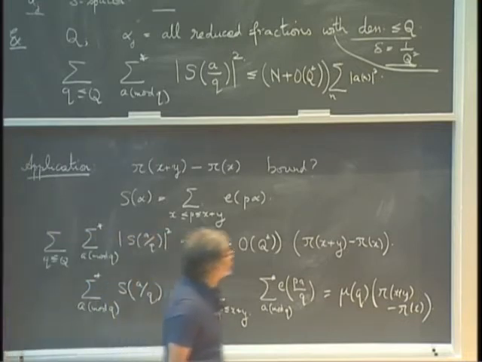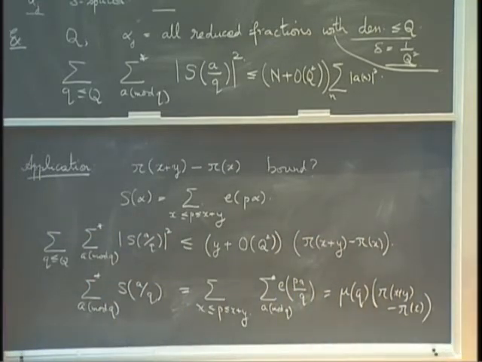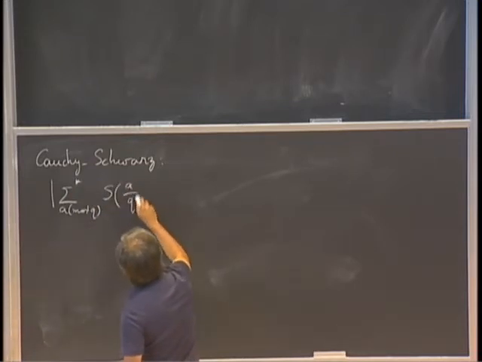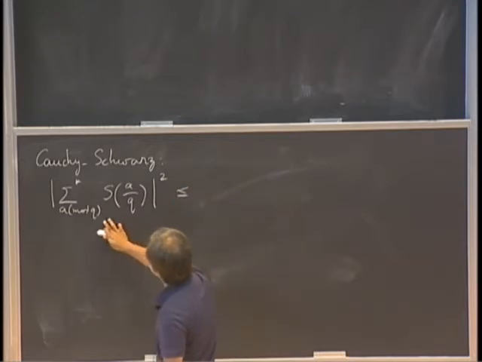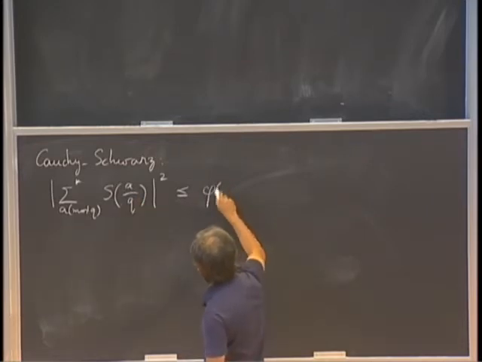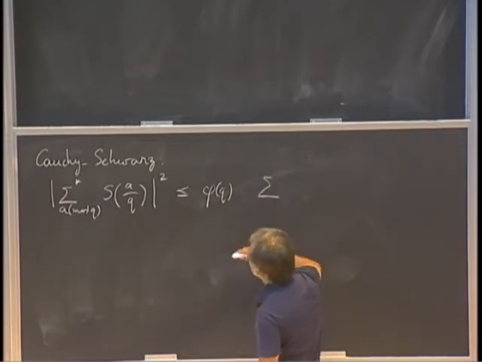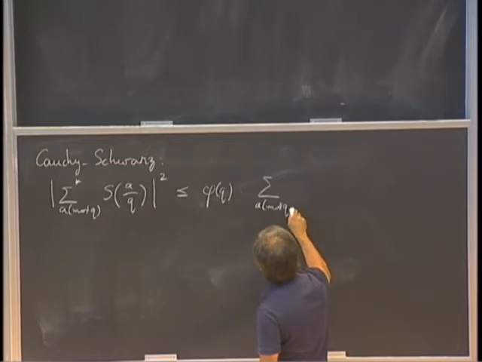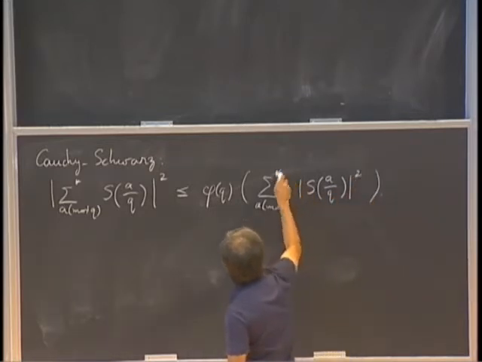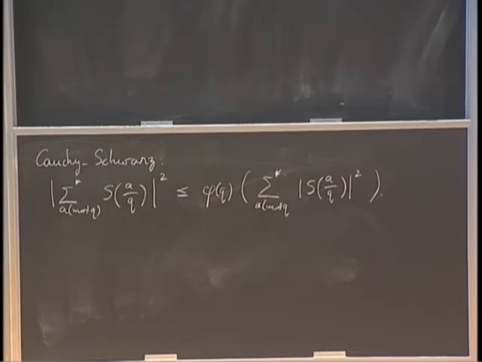But that means that if I use Cauchy-Schwarz, then Cauchy-Schwarz would say that this is bounded by the sum over a mod q of 1 squared, which is phi of q, times the sum over a mod q of the quantity that's being bounded in the large sieve, right?